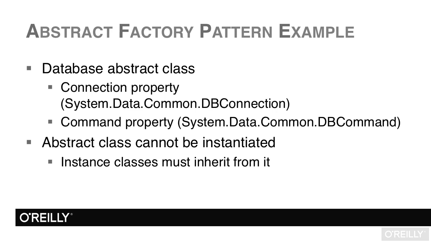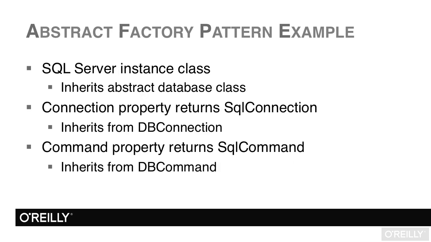Now, an abstract class cannot be instantiated. So instance classes must inherit from it. So anything that we create is going to be an instance class and not strictly a database class. It will be a class that inherits from our abstract database class. So we would like a SQL Server instance class. It'll inherit from the database class. It'll have a connection property.